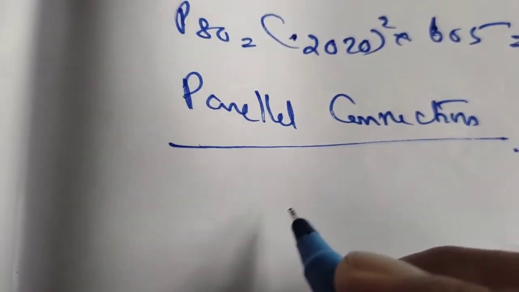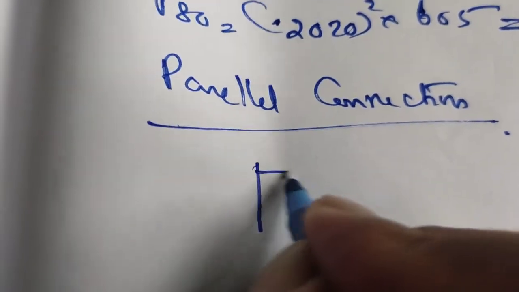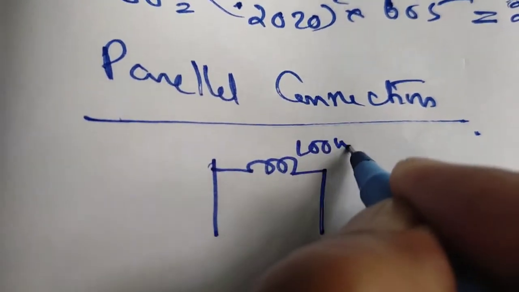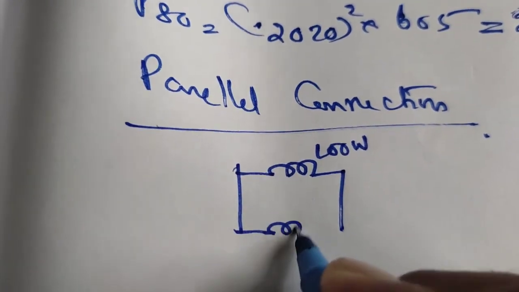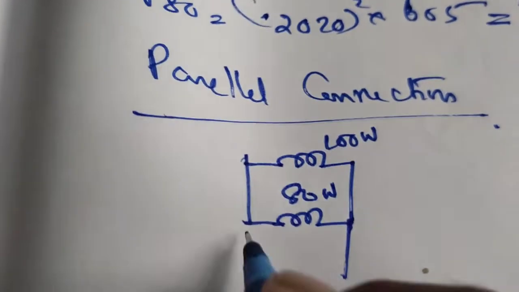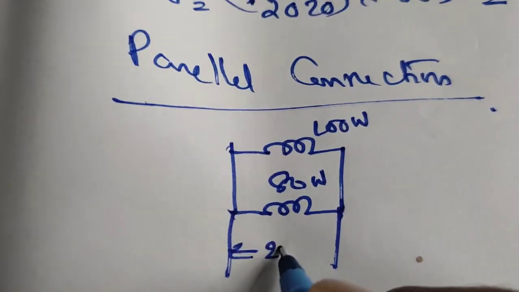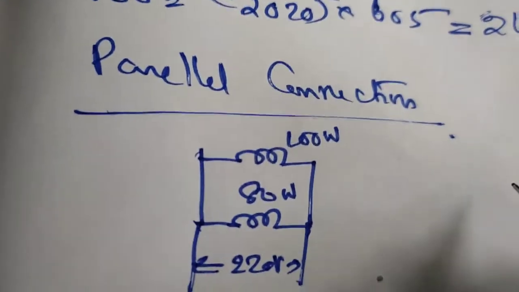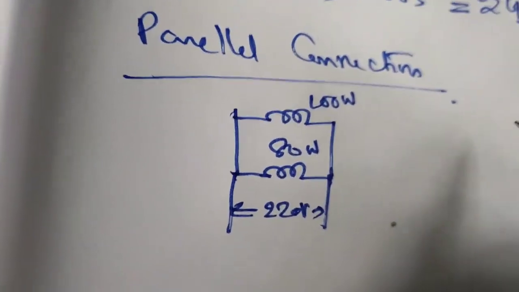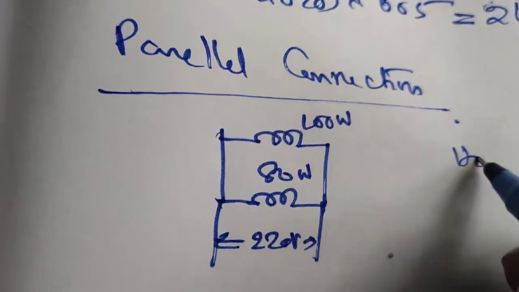Now let us go to parallel connection. The 100 watt bulb is connected to the 80 watt bulb across 220 volt. This parallel connection is used in our house circuits.